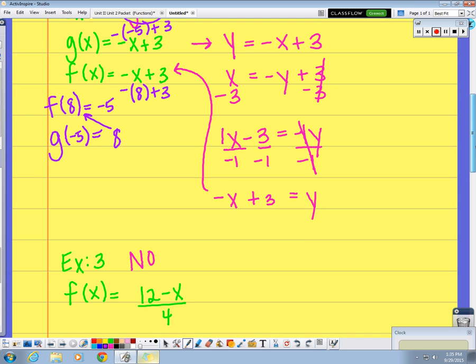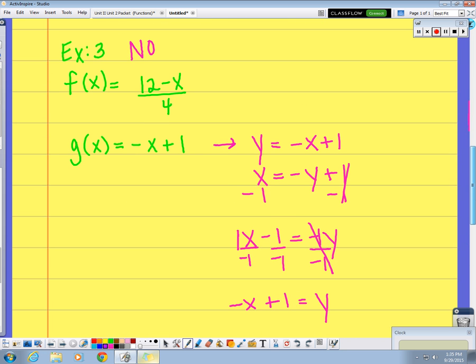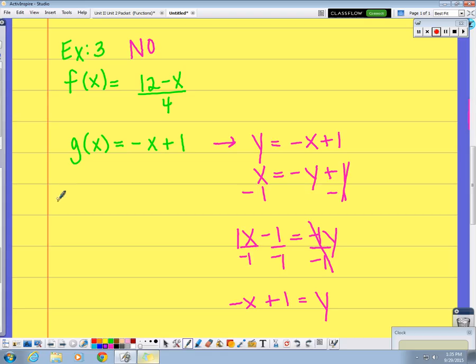Okay, now let's try it with example 3. What number do y'all want to use? 6. And what function? G, okay. So g of 6 would be negative 6 plus 1. What is negative 6 plus 1? Negative 5.